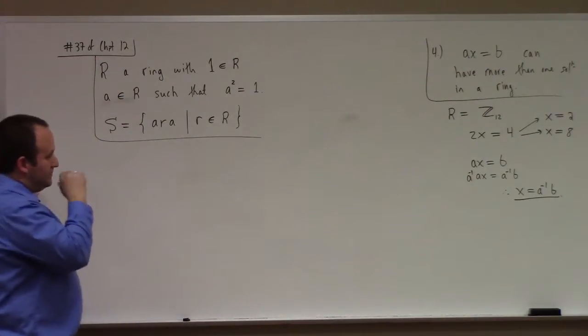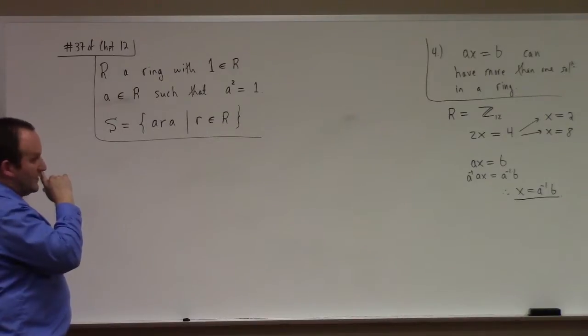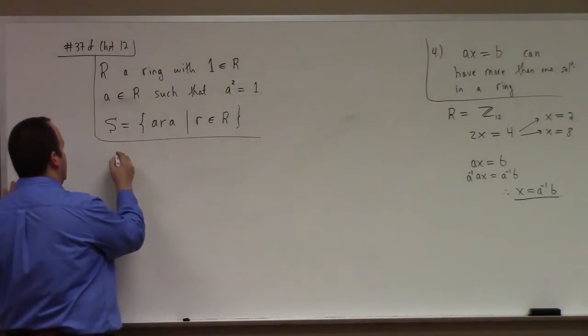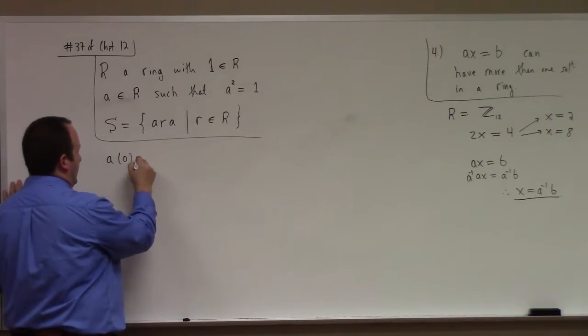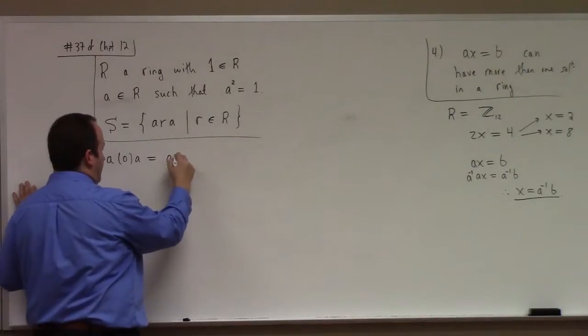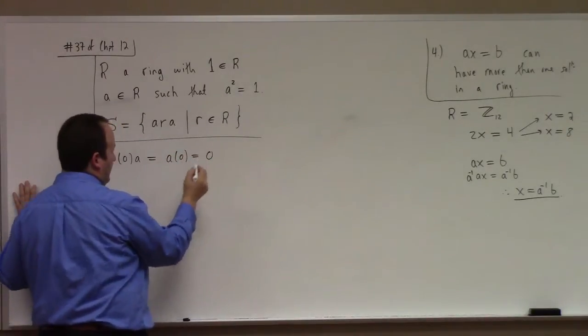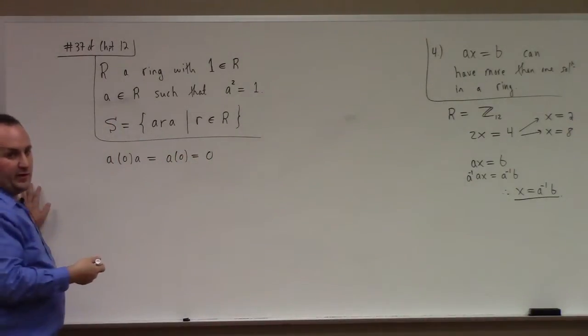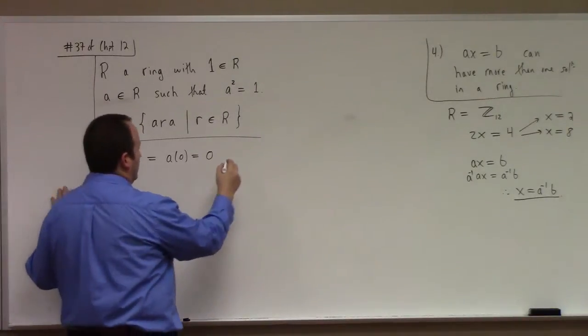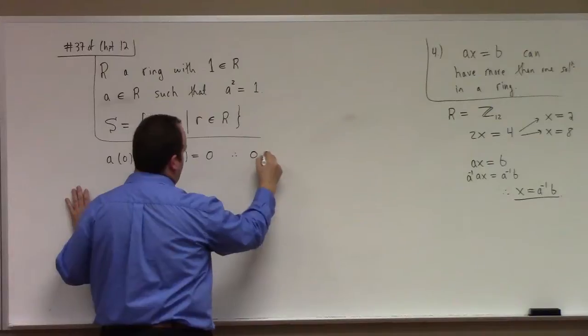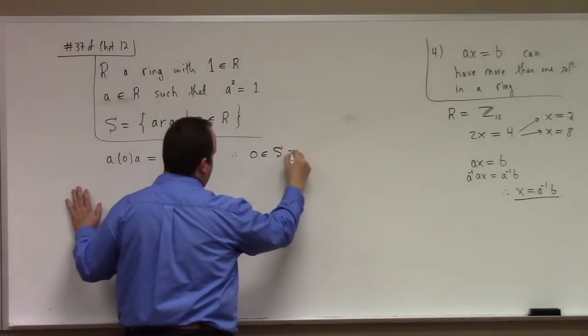So let's see here. First of all, if we look at 0, A times 0 times A is equal to A times 0, which is equal to 0 by the theorem we went over yesterday. So therefore, 0 is an element of S, and we find S is non-empty.